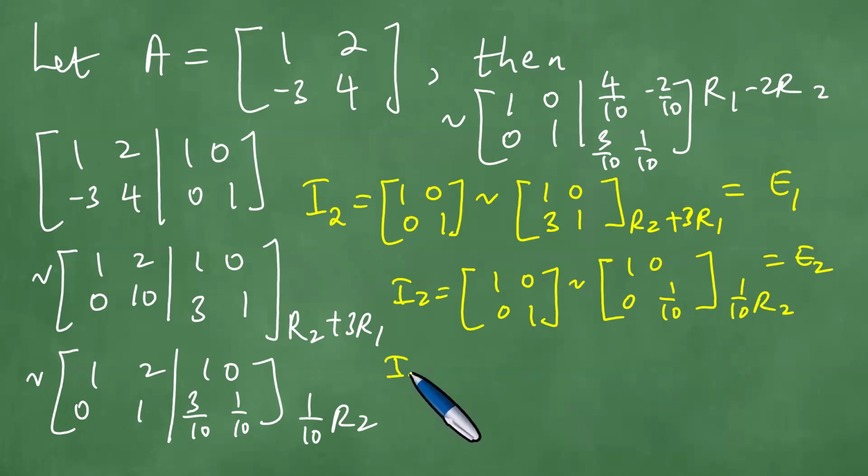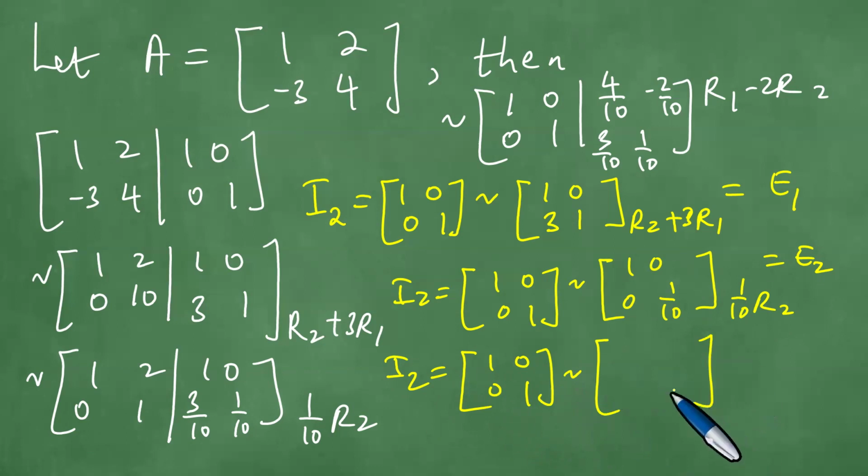So right now, we are still looking at the 2 by 2 identity matrix. From this 2 by 2 identity matrix, we achieve an elementary matrix by applying just one elementary row operation on the identity matrix. This gives us what you call an elementary matrix.